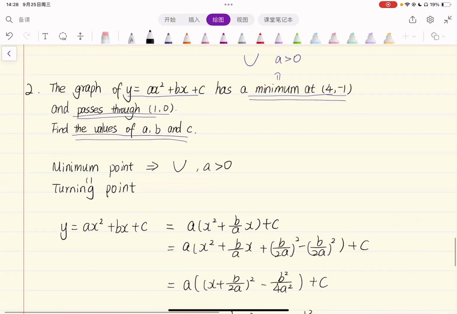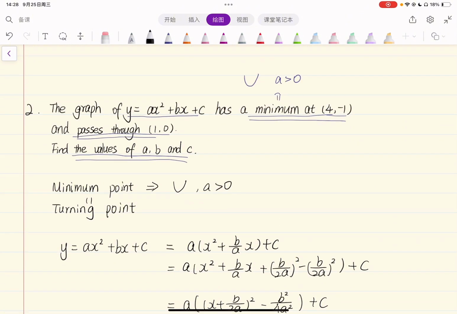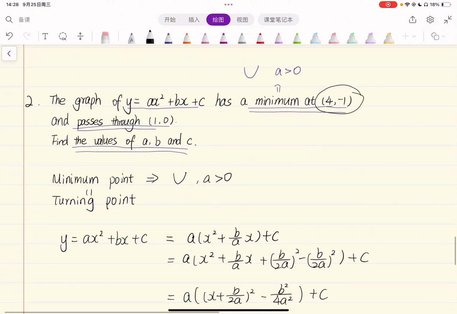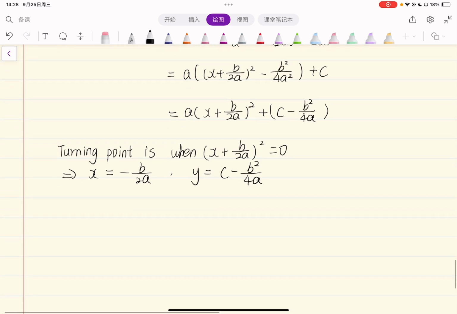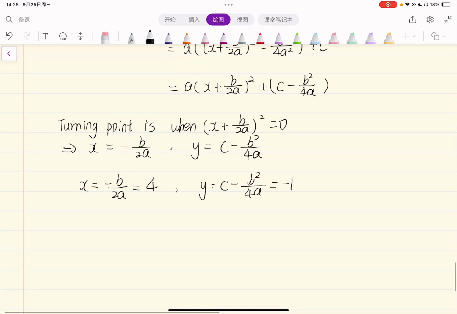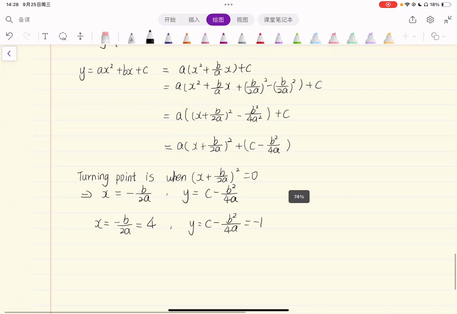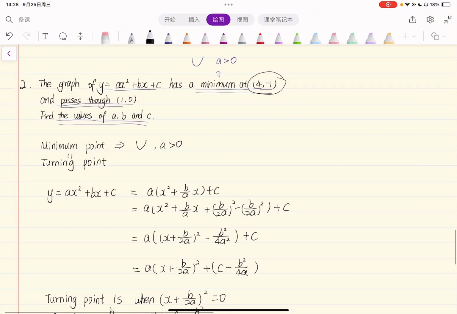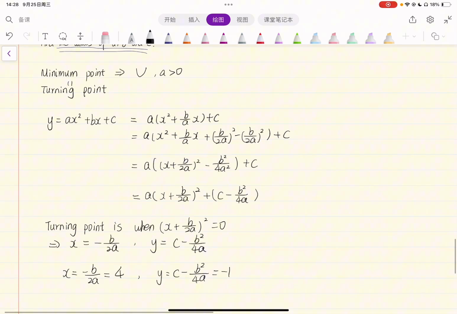We know that the turning point is (4, minus 1), which means x equals minus b over 2a equals 4, and y equals c minus b squared over 4a equals minus 1. So that is what the minimum point told us.